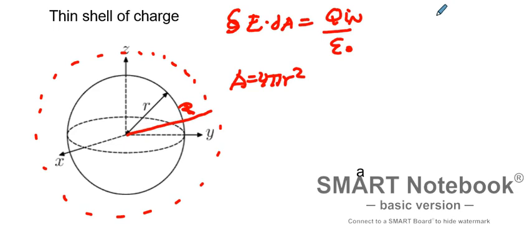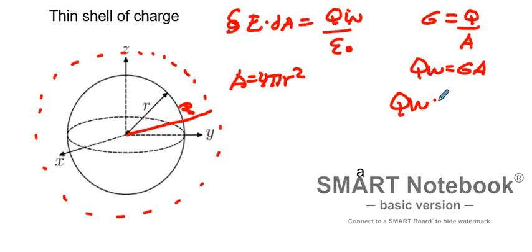Well, let's again use sigma. Sigma is equal to charge per area. So Q inside is equal to sigma times A. What's the surface area of a sphere? The same. So this time Q inside is going to equal sigma times 4 pi. Now let's differentiate. Let's call this one little r squared, and let's make this one a big R squared so we don't get confused. So little r for the actual thin shell and a big R for my Gaussian surface.